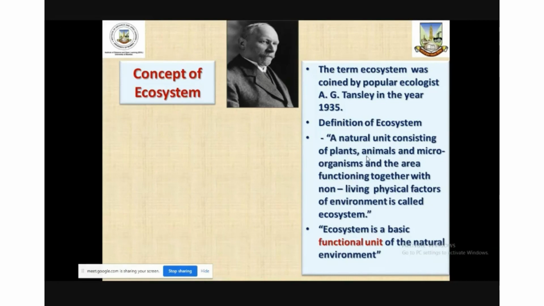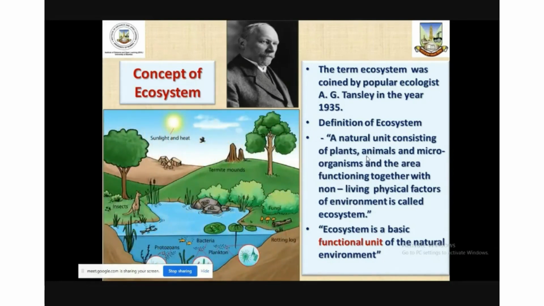So ecosystem is a basic functional unit of the natural environment. Why is it a functional unit? Because there is continuous interaction between abiotic and biotic elements of the ecosphere or ecosystem, and therefore it is a functional unit. So what kind of function?